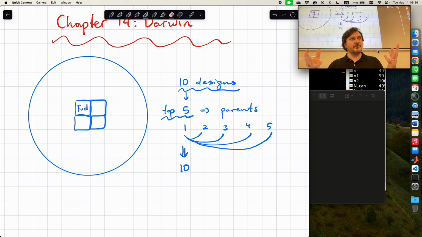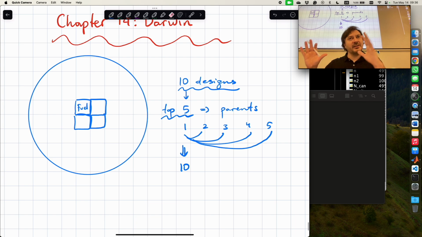Does it make sense? So that's why Darwin's theory also had mutations in it. Mutations were the exploration part. Mutations are not good when they happen to you individually, of course, but sometimes they are good. So basically, that's the idea in a nutshell.